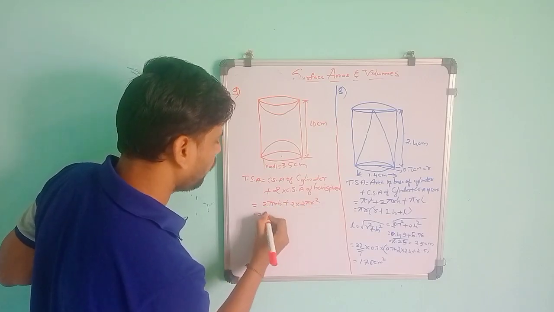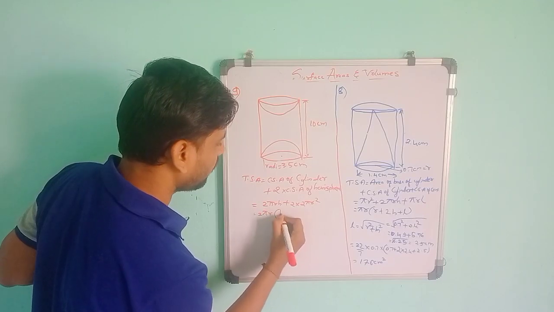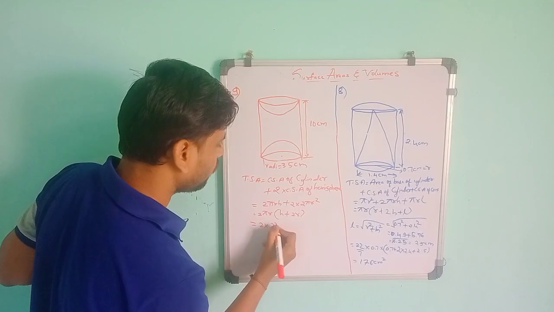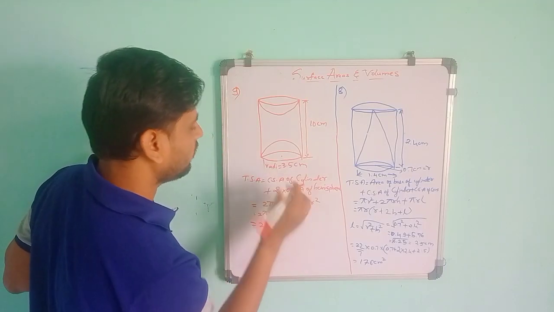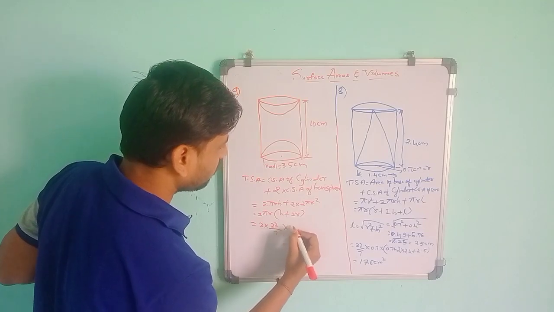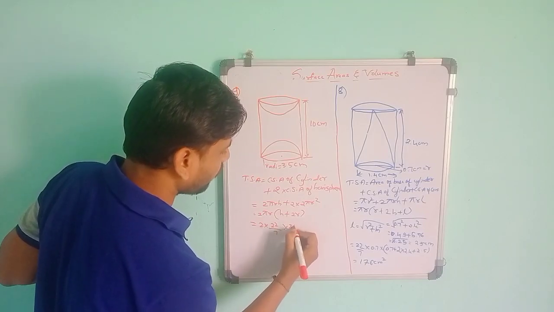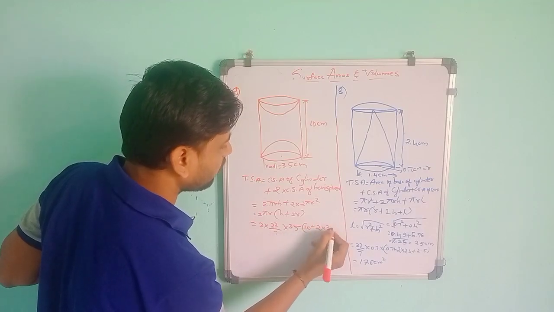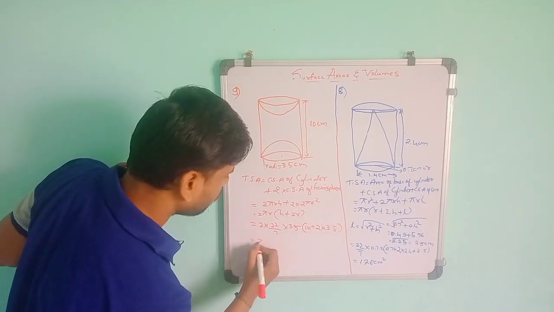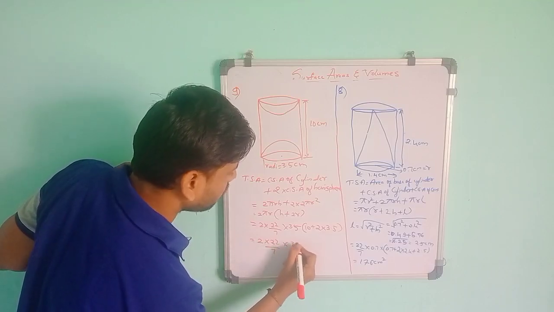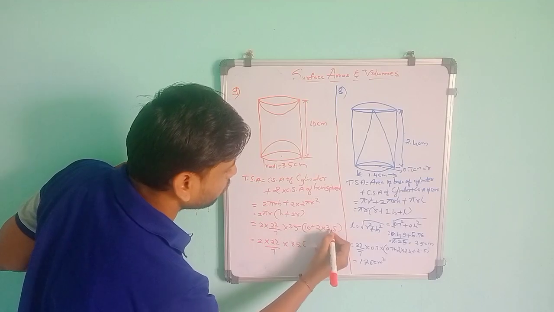Taking 2 pi r common, the remaining is h plus 2r. So this gives 2 into 22 by 7 into 3.5 into (10 plus 3.5 into 2).